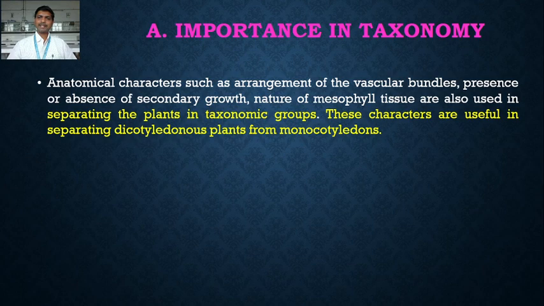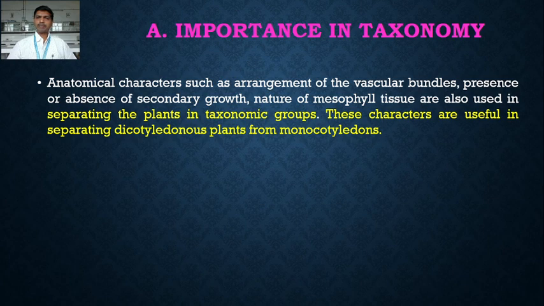Here the cambium is absent. While in case of dicots, the vascular bundles are conjoined, collateral and open type, meaning cambium is present. The cambium is present in between the xylem and phloem in the vascular bundle, which is responsible for the secondary growth of the plant.